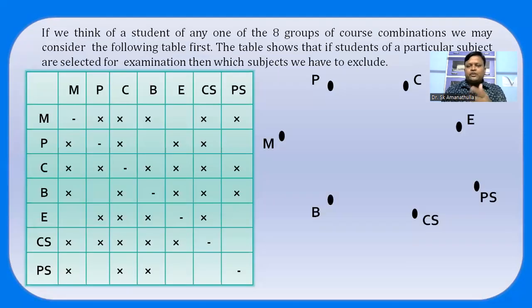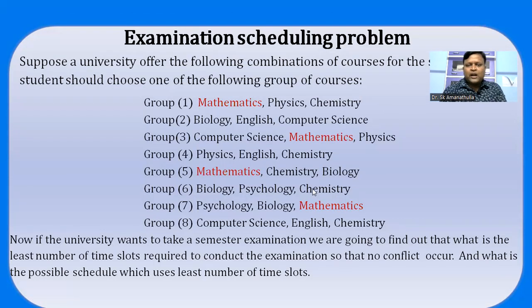First, we take the 7 subjects as the 7 vertices of the graph: M for mathematics, P for physics, C for chemistry, E for English, and so on. And if two subjects are in the same group, then there is an edge between these 2 subjects.